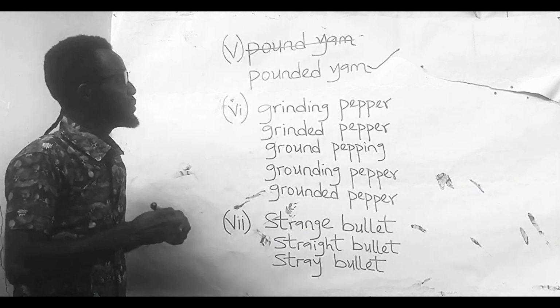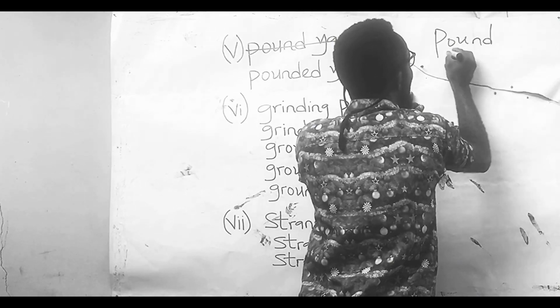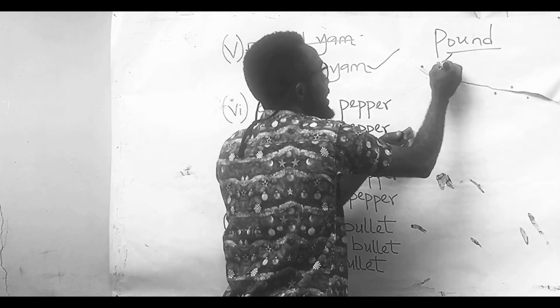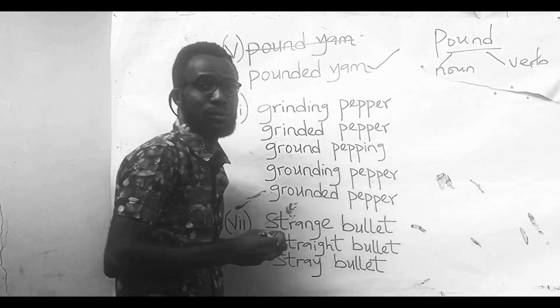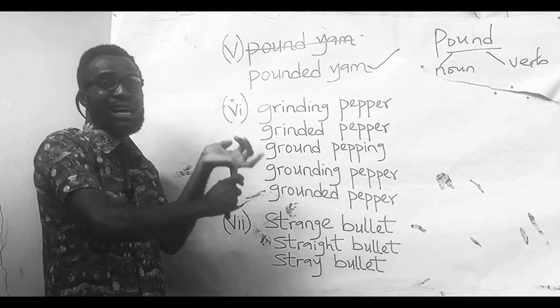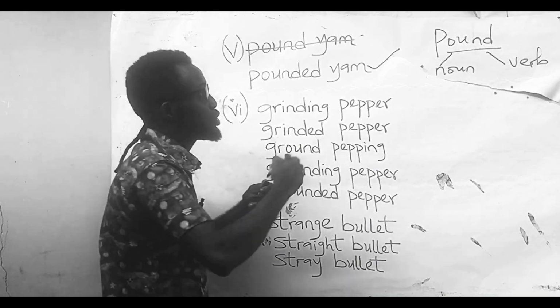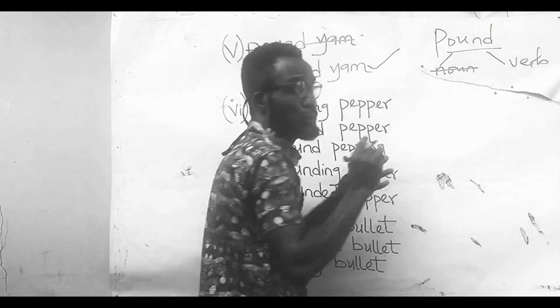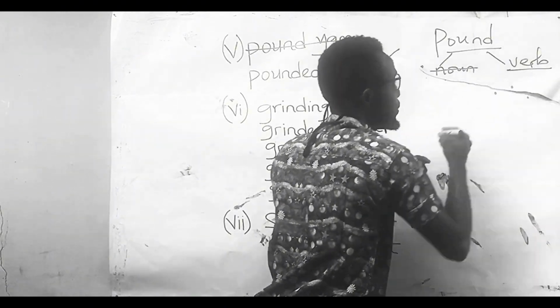The truth is, the word pound can exist as a noun and as a verb. Pound exists in two parts of speech. I don't want us to see it as a noun for now. I want us at this point to see it as a verb.